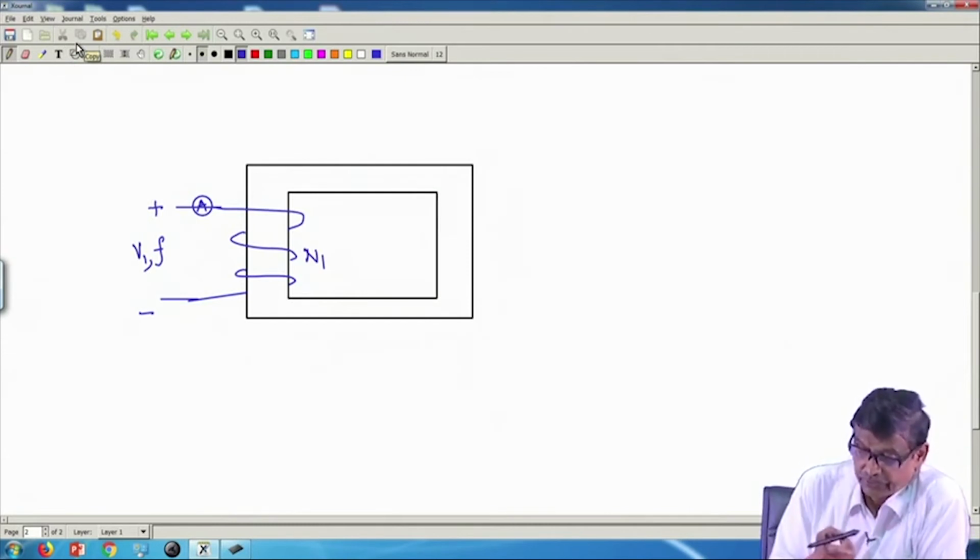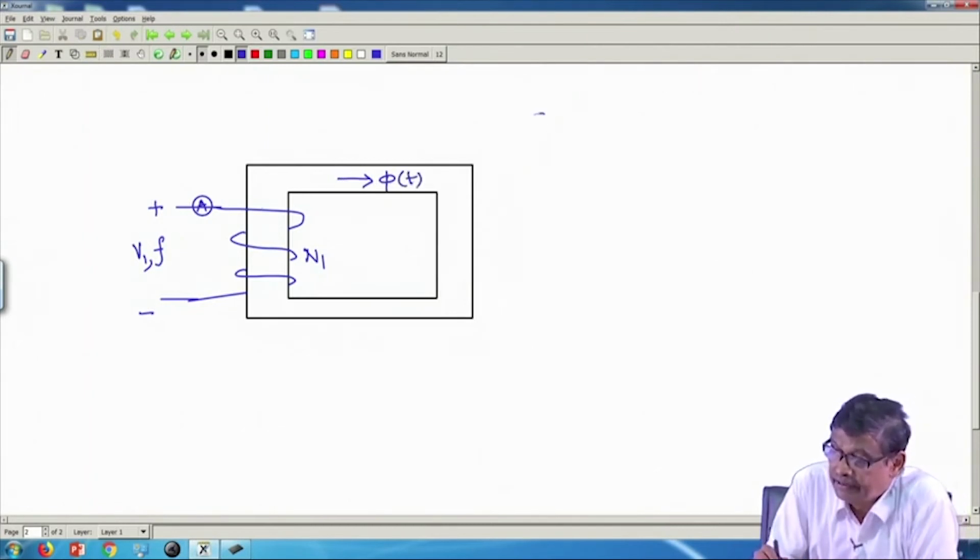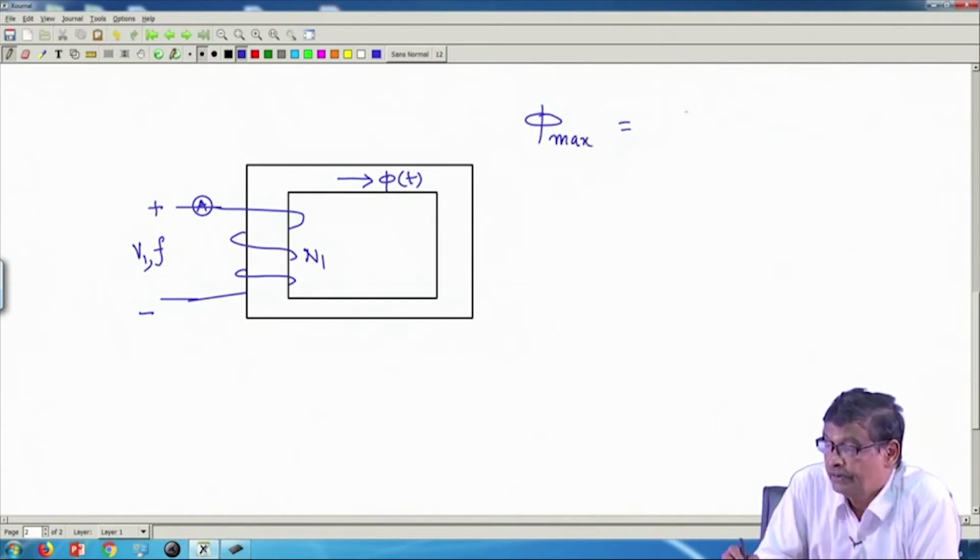The answer to that question is: you have applied V1 and f, so this will be a time varying flux, and the peak value of the flux is phi max, which is equal to V1 by root 2 pi f into N1.